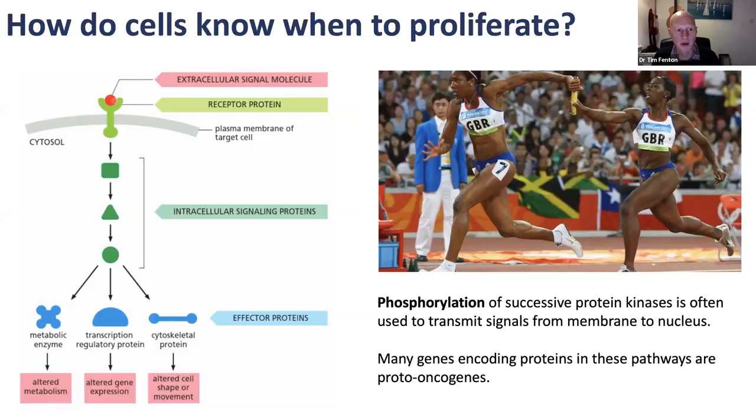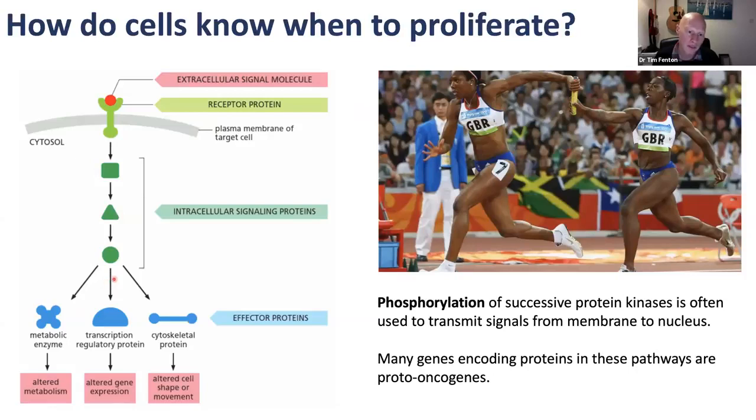So they bind to receptors, which are proteins that sit on the surface of the cell, and these proteins then relay this signal all the way through into the nucleus of the cell where the DNA is, where we can change which genes are being switched on and off, and therefore initiate a cellular response. So if the cell's being told it needs to proliferate, it's going to start switching on genes that are involved with growing and replicating its DNA and eventually the cell dividing.